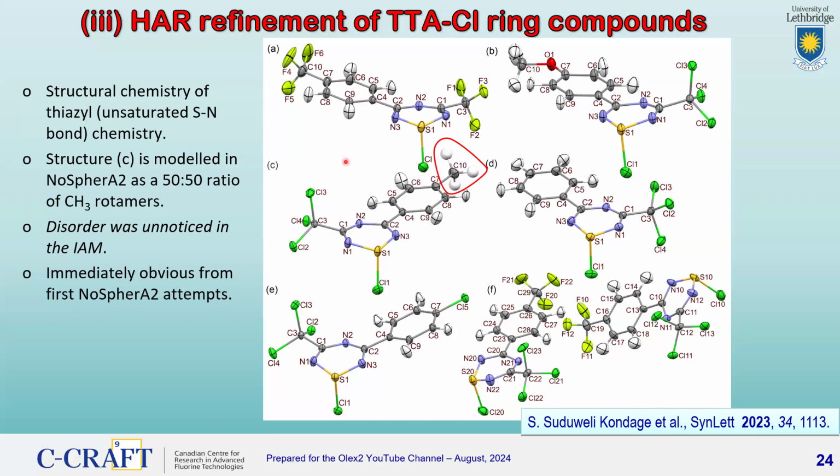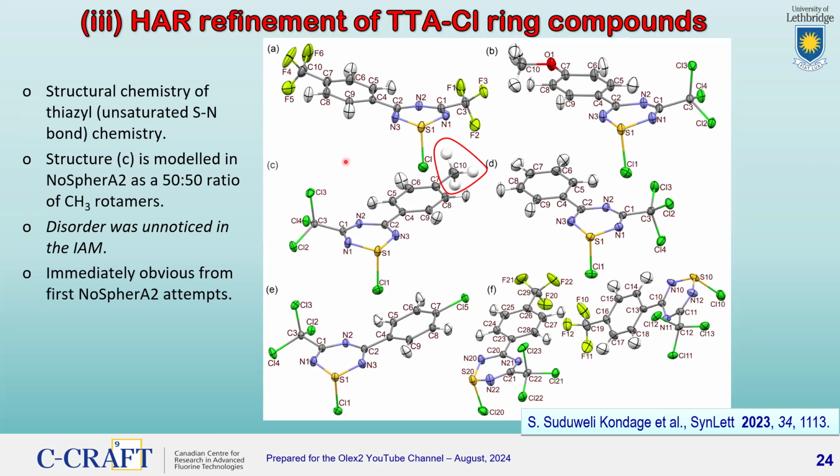There's nothing that unusual about a rotationally disordered methyl group in a low temperature crystal structure determination, but the important point was that with the quality of the difference maps that we had available, this was not at all obvious when we were working with the independent atom model, and the best solution with the independent atom model was simply to assign one geometry for these methyl groups.